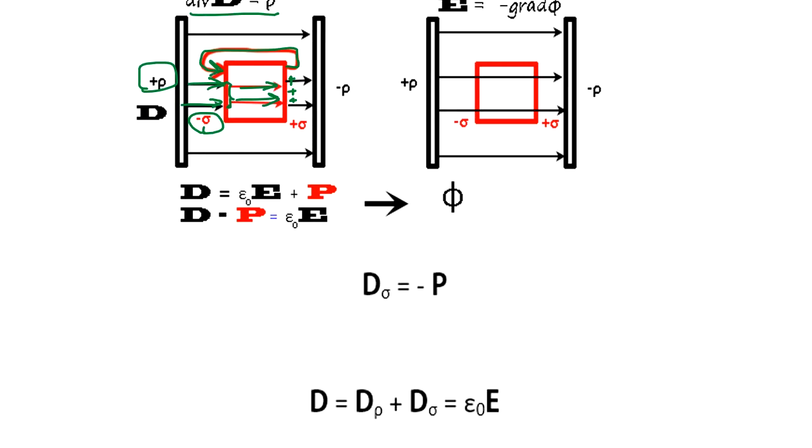So the overall picture is D equals epsilon 0 E plus P, and D minus P equals epsilon 0 E, and that's going to contribute to phi, because the electric field is the gradient of phi, meaning it depends on the distance only.